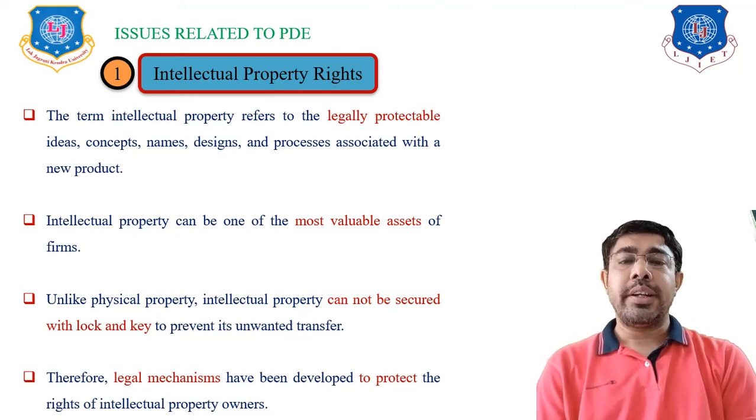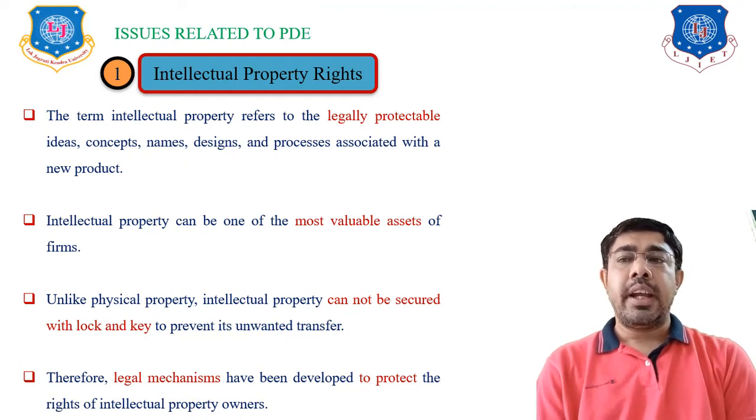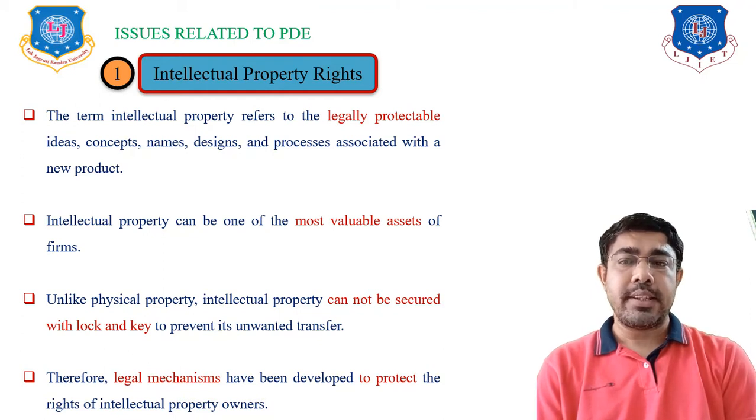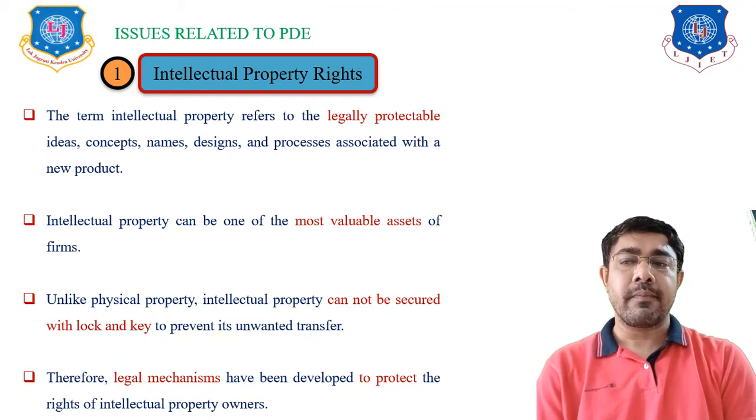So when you develop a new product, the concepts of the new product, the designs of the new product and the process associated with the new product are nothing but the intellectual properties. And intellectual property is one of the most valuable assets of the firm.